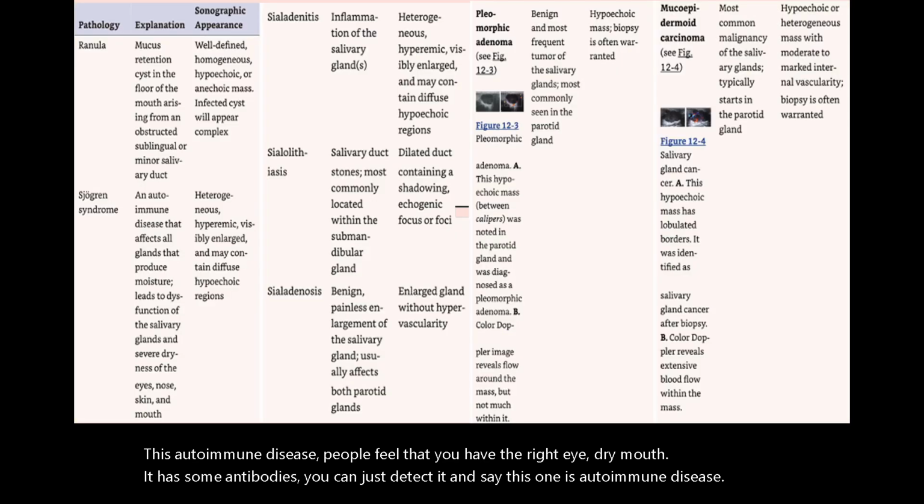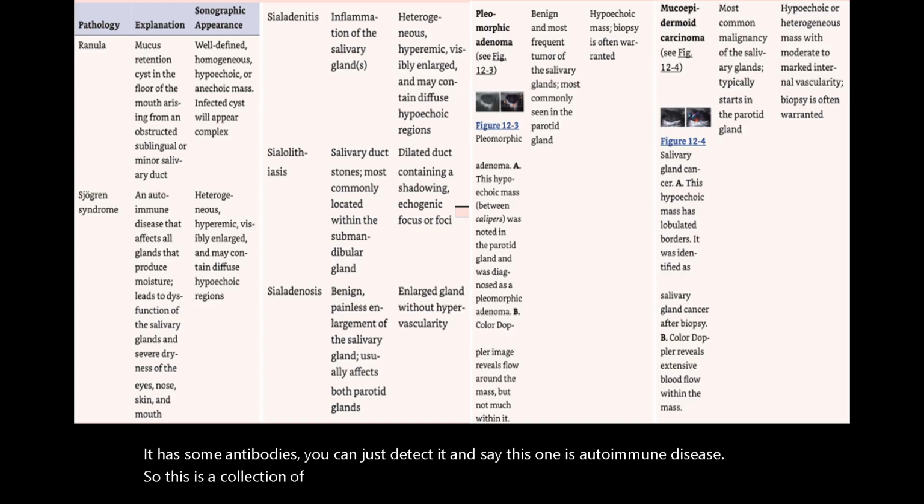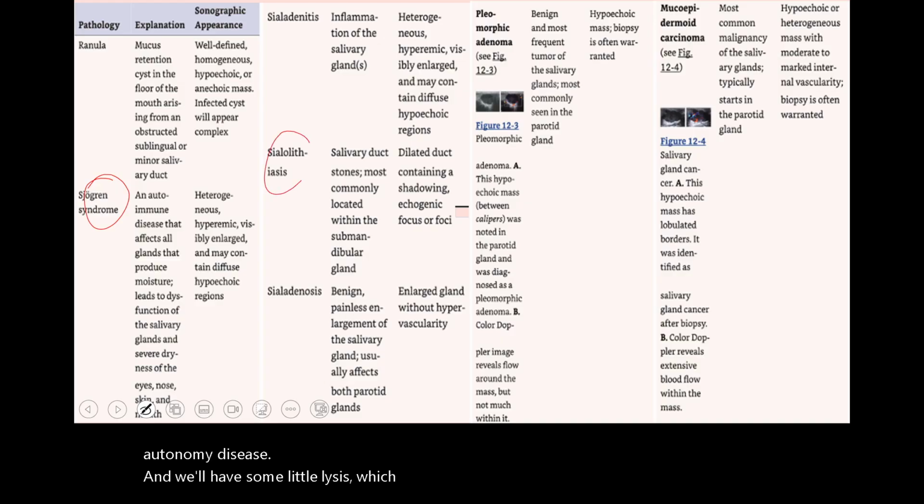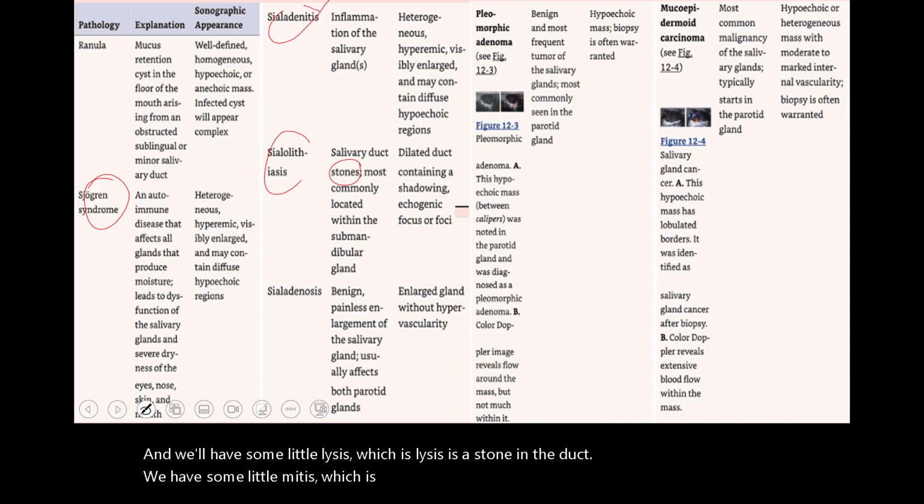So this is the collection of what you can have together. We have Sjogren syndrome, autoimmune disease. We have sialolithiasis, which is a stone in the duct. We have sialadenitis, which is inflammation of the salivary gland.